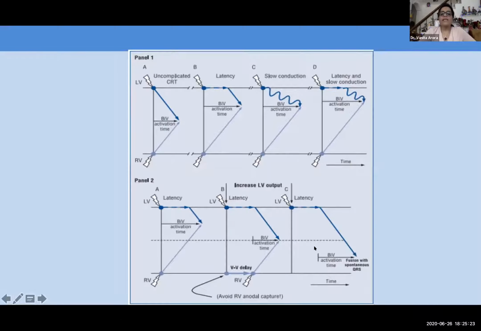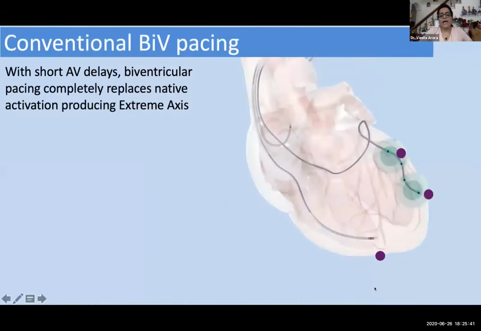And if we do only LV pacing, fusing it with RV sensing, then this fusion with the spontaneous QRS takes care of the latency. This is what is important, and this is the basis of the latest algorithms that we see in the generation 3 devices of CRT.